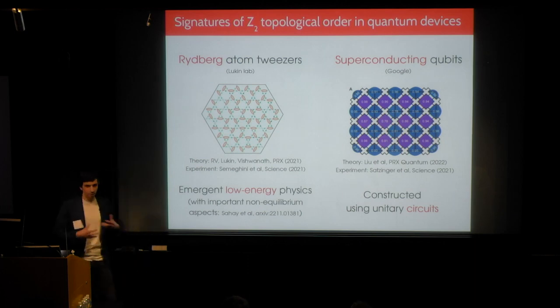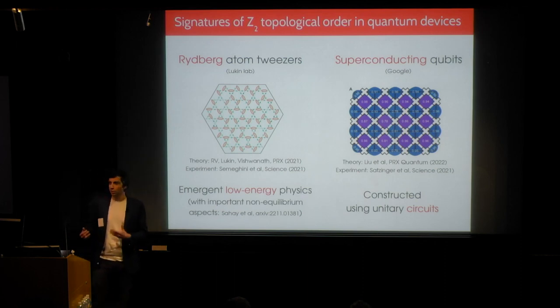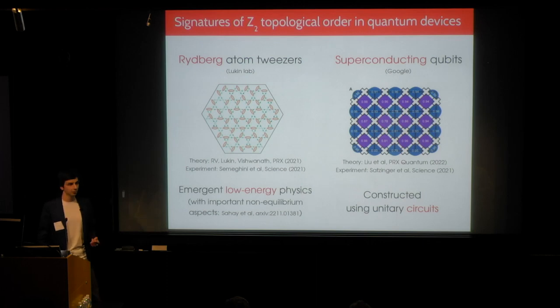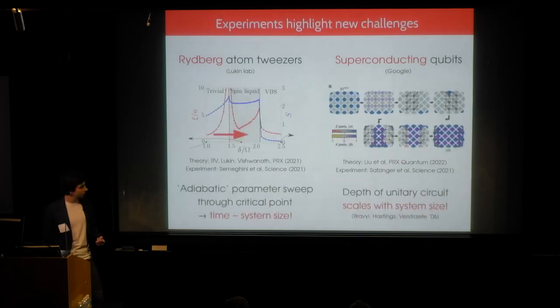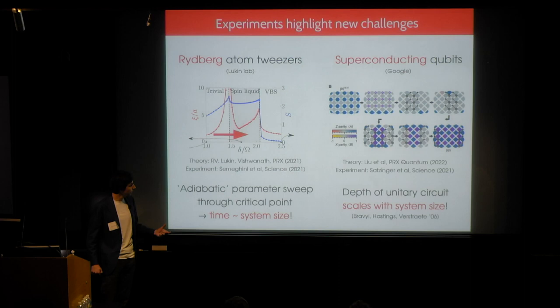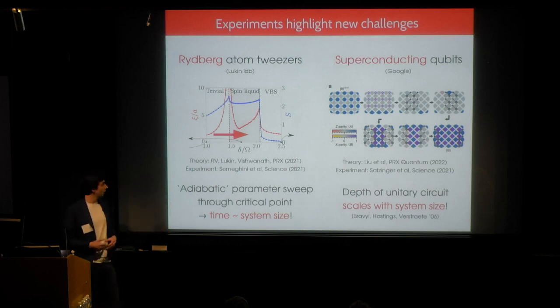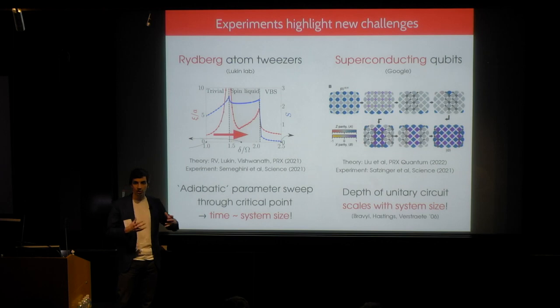And while these experiments are very encouraging, they also interestingly highlight some puzzles or challenges for future experiments. Basically, the timescales involved. So, for example, even though the approaches were quite different, what they have in common is that they're both unitary. In one case, one tries to realize low-energy states with respect to some Hamiltonian.